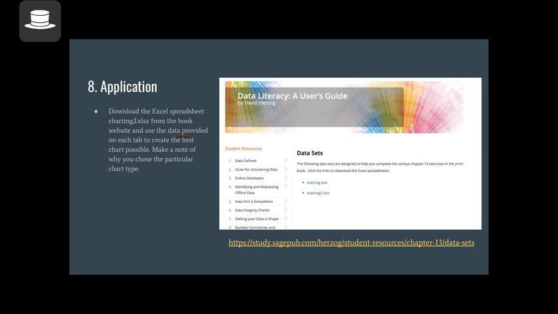There are several tabs, like the worksheet tabs, and make a note of why you choose the particular chart type. Again, the details of this assignment and data assignment 4 are in the Blackboard. Okay, have fun.